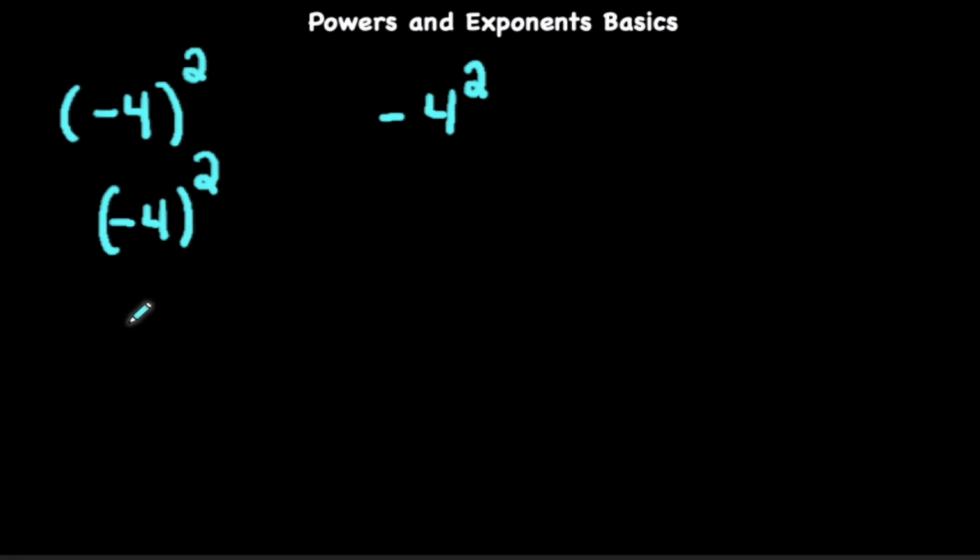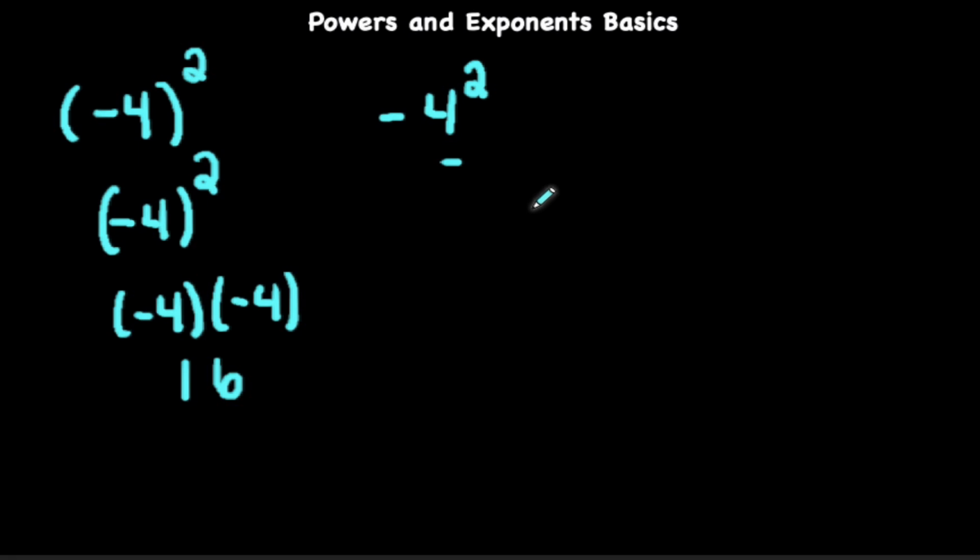Okay, so when you do that, you're multiplying -4 times -4. And by the way, parentheses also denote multiplication. So -4 times -4 is 16. So now let's take a look at -4 squared without parentheses. So the base that's tied to your exponent is 4, not the negative.